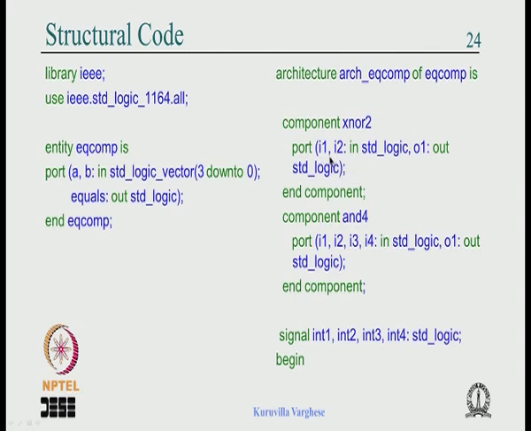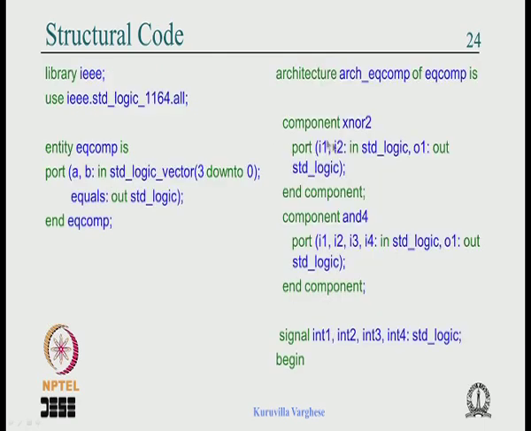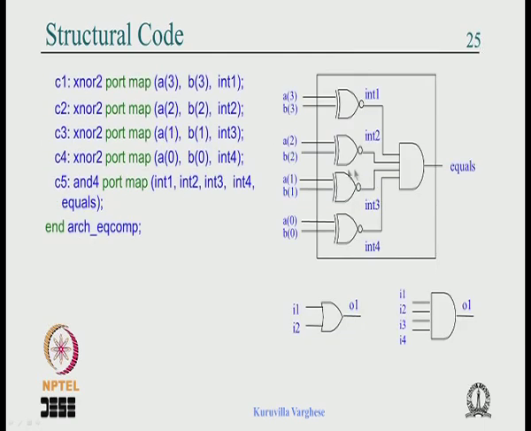So we are going to specify a formal to actual mapping, that is why it is called port map, and we say A of 3, B of 3 and int1, because we have declared this as I1, I2 and O1 in the same position. So we are associating A3, B3 and int1, that is this one.